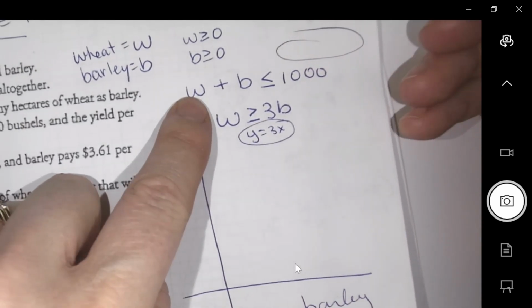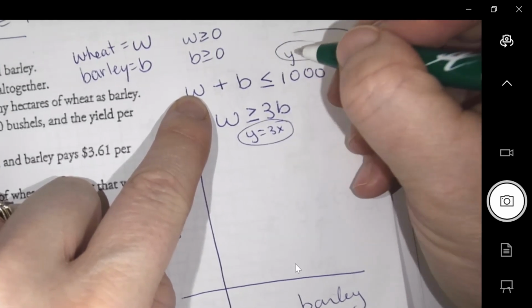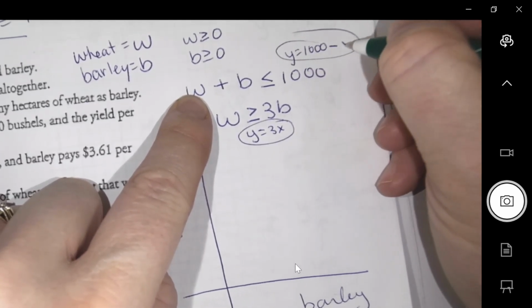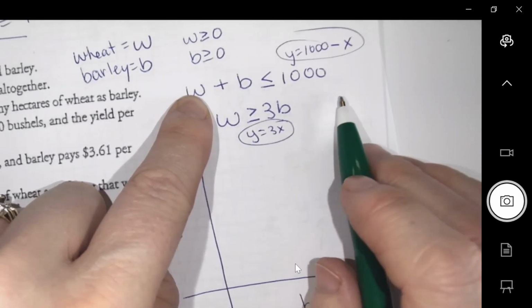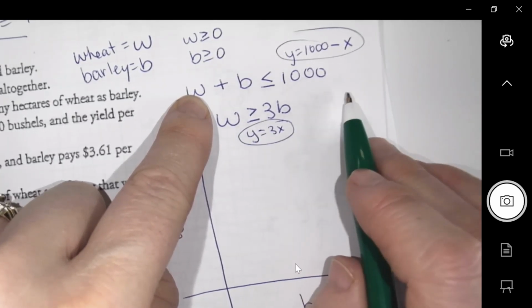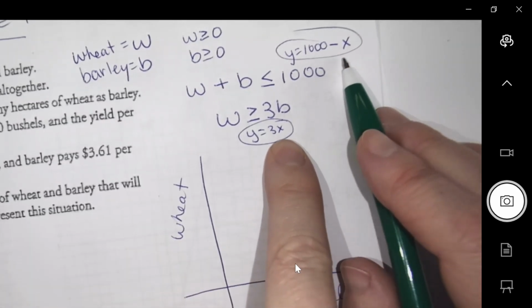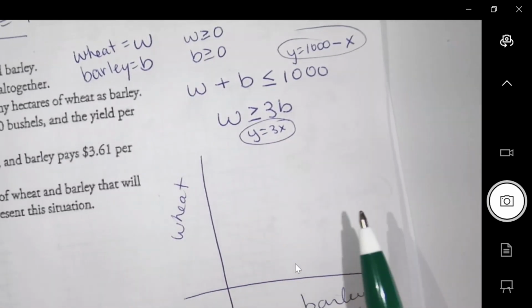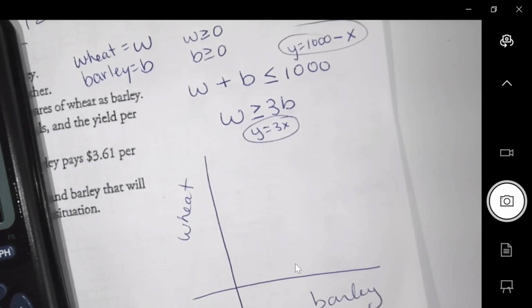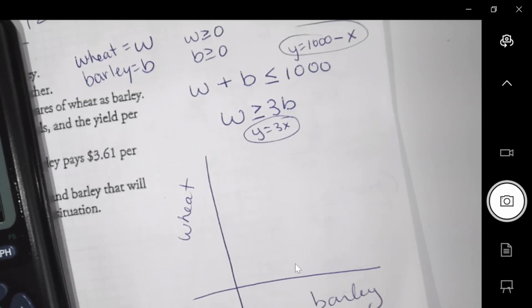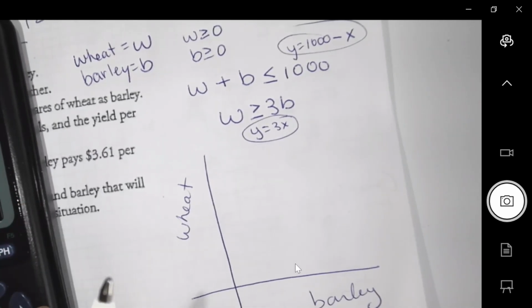So if this is y, I would go y equals 1,000 minus x, because I would move the b over. So there's my 2 calculator steps. And your axis, you probably want to go up to something past 1,000, by the way, when you graph it on your window. So your window needs to go past 1,000.